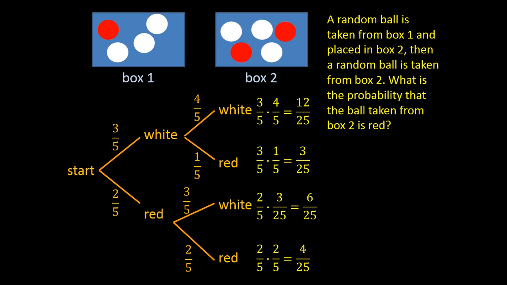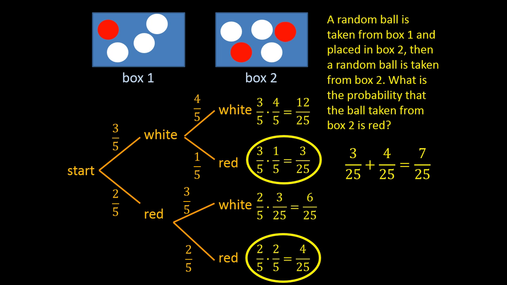Multiply those probabilities. 2/5 times 2/5 is 4/25, and we are interested in that probability because that would be pulling a red ball out of box 2. So the two probabilities that we are interested in where we get a red ball out of box 2 are these two. If we sum those probabilities, we get 3/25 plus 4/25, so 7/25 is the probability that the ball taken from box 2 is red.